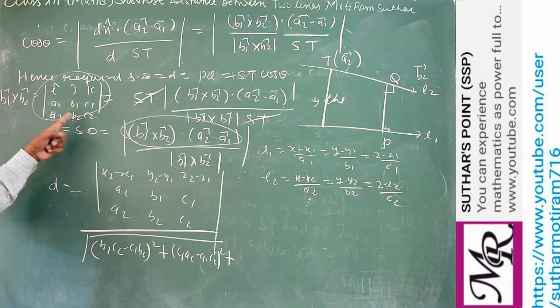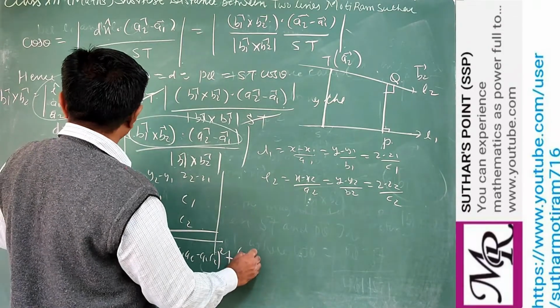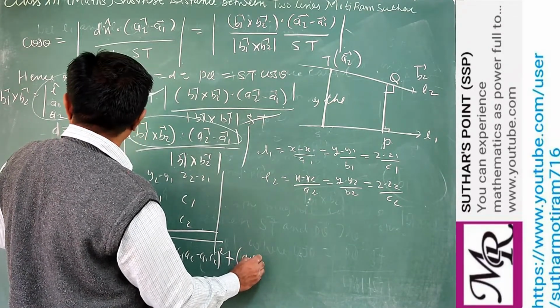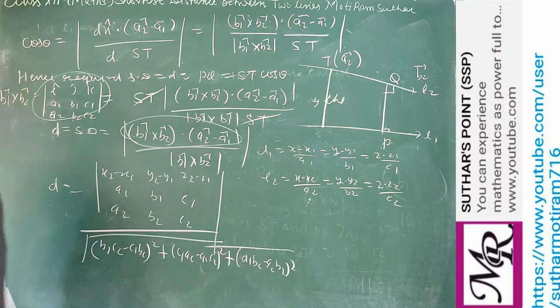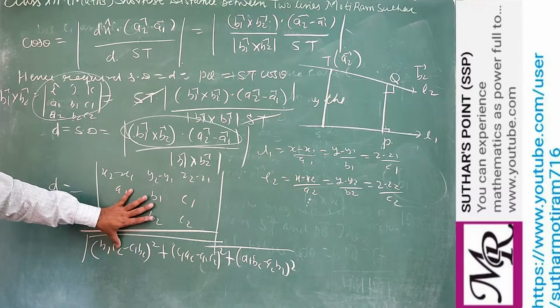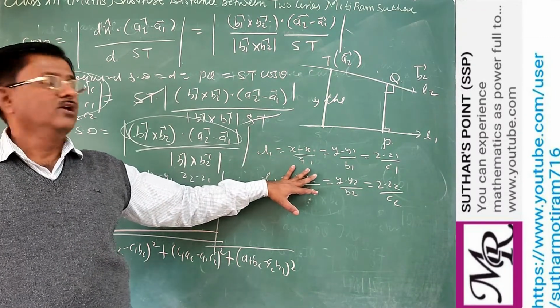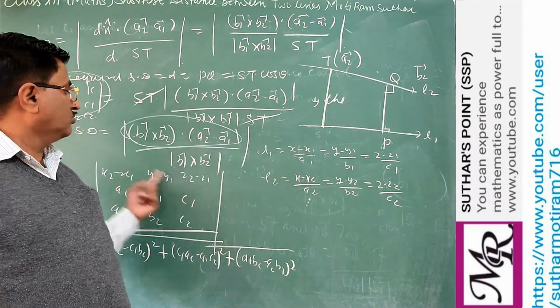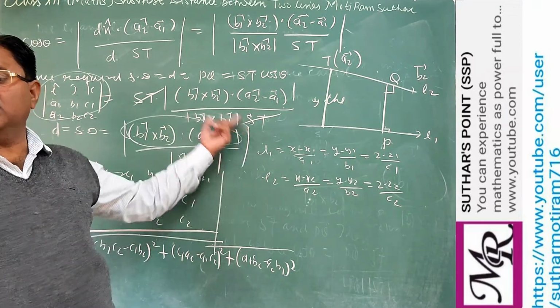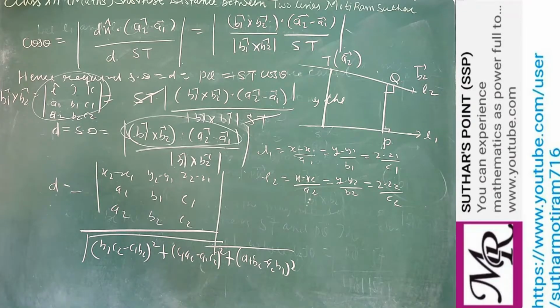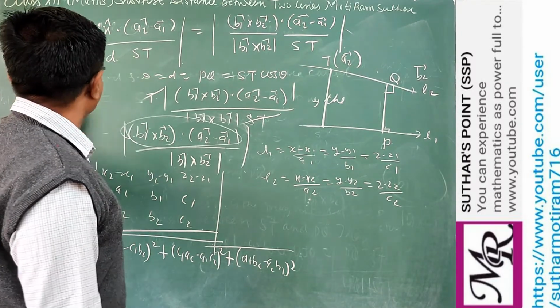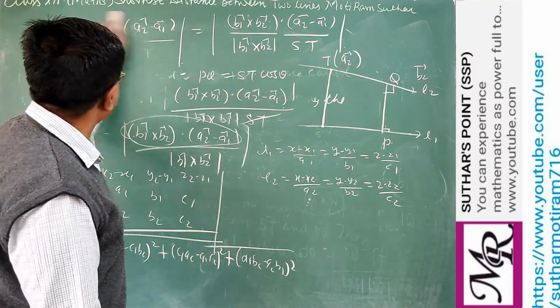Then for k, (a1 b2 minus a2 b1) whole square. So this is the modulus. You may use this formula for the Cartesian form, or you can use it for both cases. So in this way, dear student, one can find the shortest distance between two lines when lines are given either in the Cartesian form or in vector form.